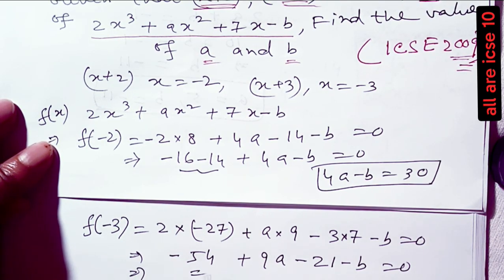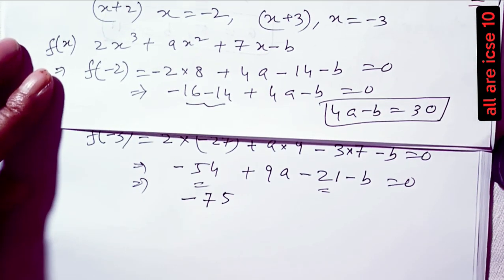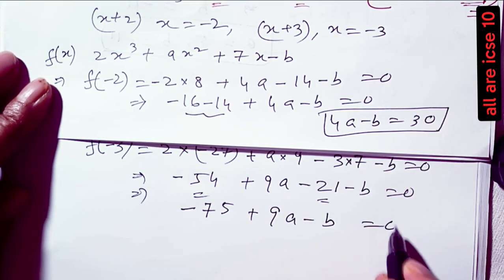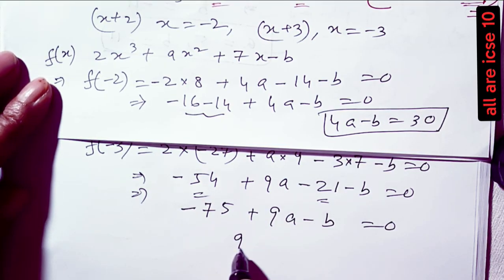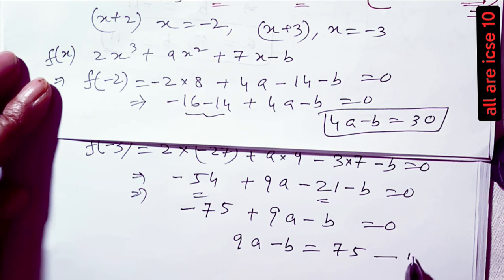Minus 54 and minus 21 will be minus 75 plus 9a minus b equal to 0. Means 9a minus b equal to 75, and this is equation number 2, and our equation number 1 was 4a minus b equal to 30.